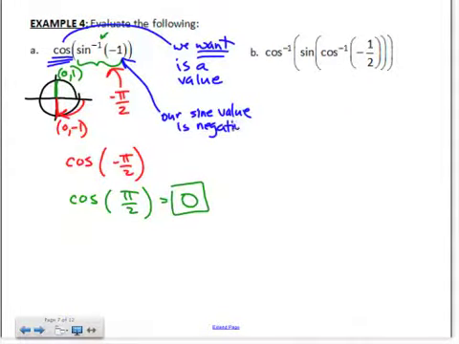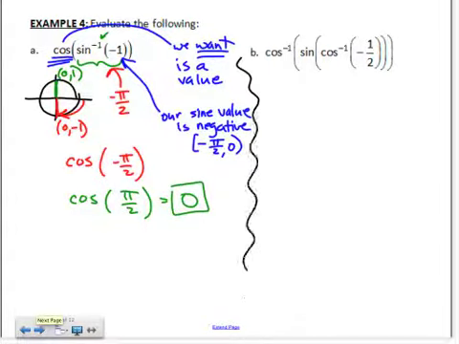And since that sine value, the angle whose sine is -1, that means that our answer had to be, as Ms. Miller said, -pi/2 to 0, not including 0, because sine is not positive at 0. It's 0. Okay, there we go. So that's the thing we think about. Now let's look at the next one. It is really fun.